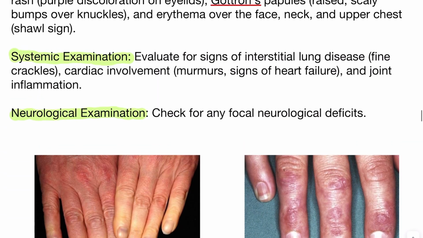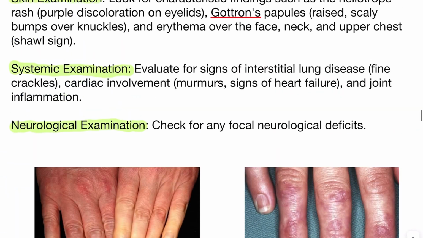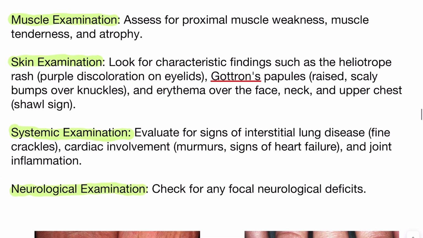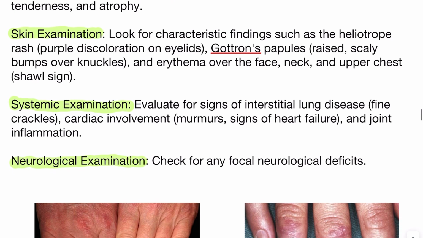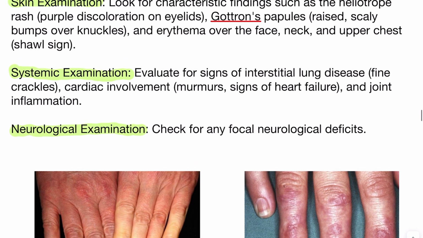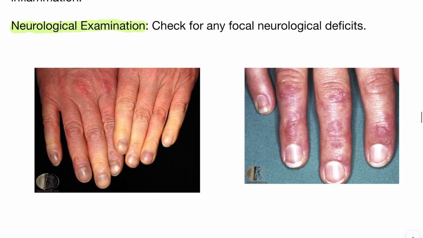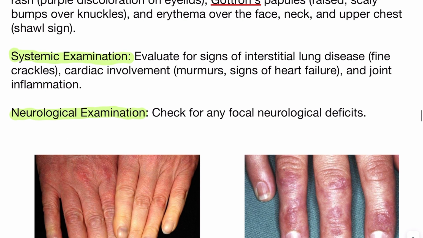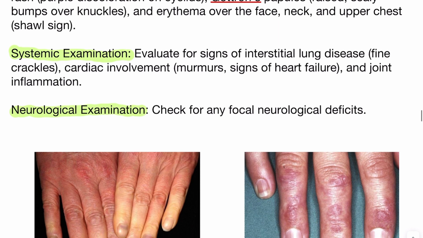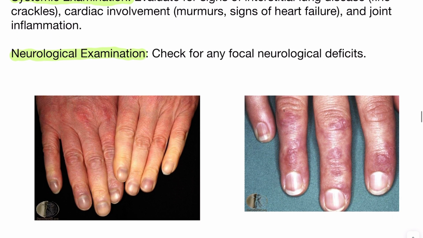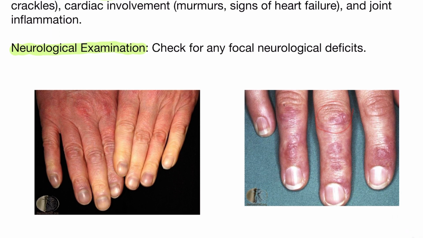And then we can look for any Gottron papules while you're doing the examination of the hands. I put a picture here. These are raised, bumpy, scaly bumps over the knuckles. So here you can appreciate that one.